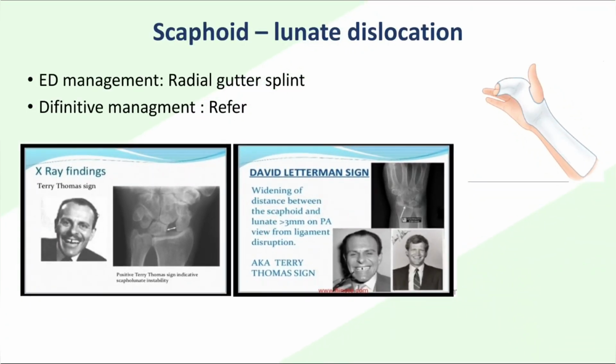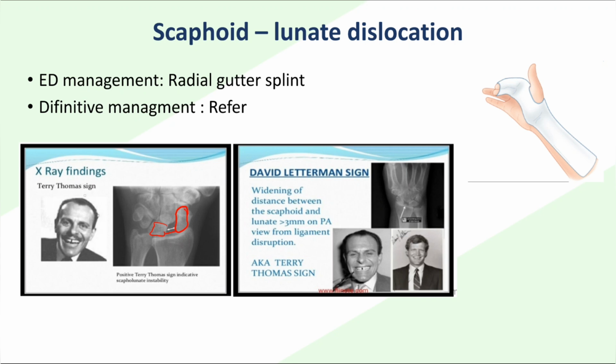One of the common unrecognized injuries to the wrist is scaphoid-lunate dislocation. So this is the scaphoid bone and this is the lunate. Usually there is not much space between them, but if the space between them increases more than 3 millimeters, there will be widening of this space and it leads to ligamentous rupture.